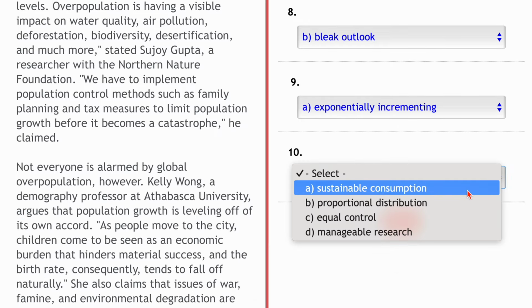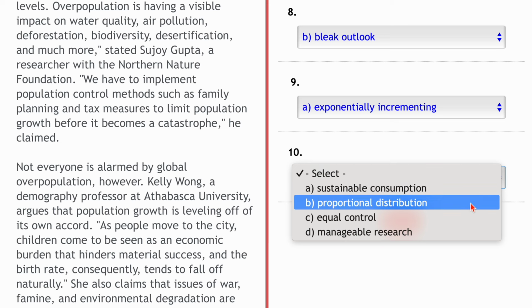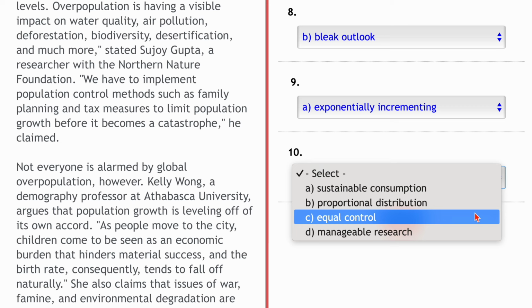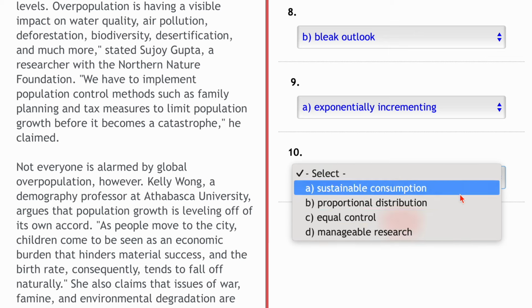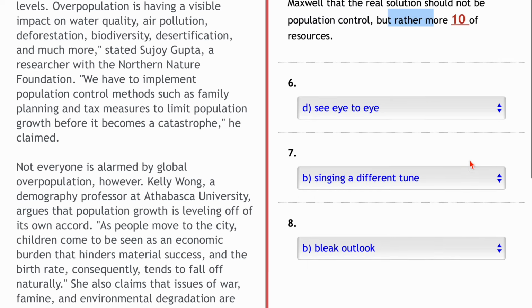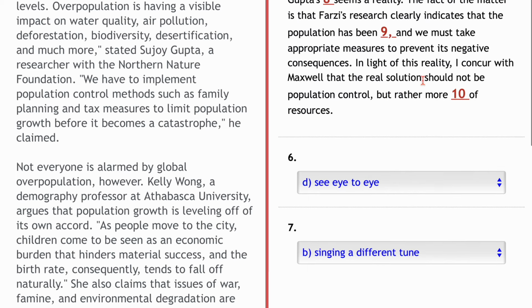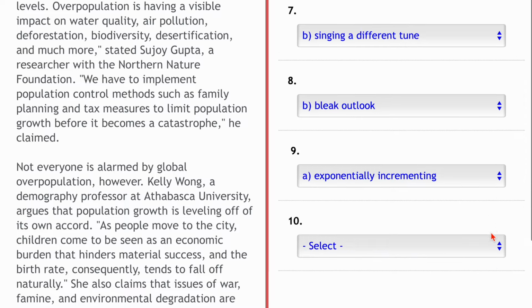Sustainable consumption, proportional distribution, equal control, manageable research of resources. So, what was Maxwell's opinion about resources? The real solution should not be population control, but rather more tending of resources.